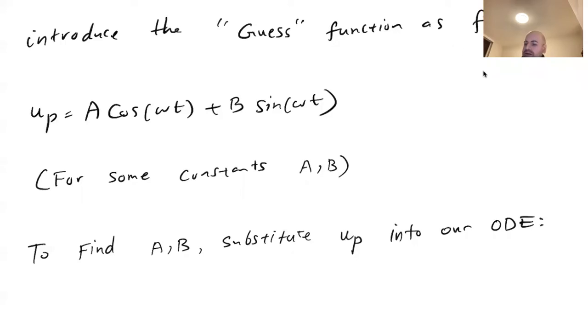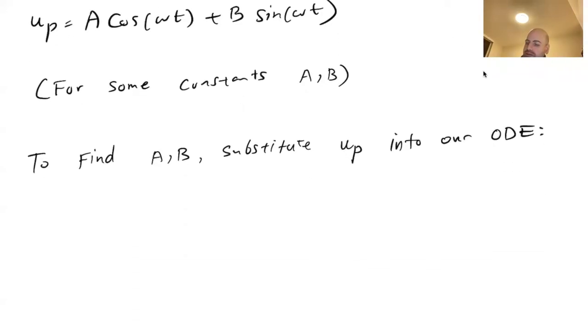Now, what was our ODE? It was mu double prime plus ku equals f of t, and f of t we are assuming is a function of the form f0 times cos omega t.